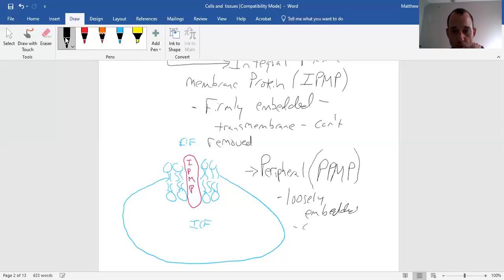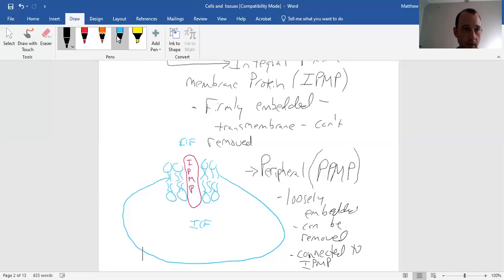They can be removed in general, and you don't permanently damage the cell. Now, let me make something else clear about this. In general, your peripheral plasma membrane proteins are connected to an IPMP, but they can be on either surface.